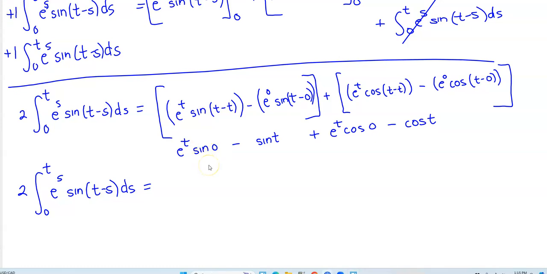So we know that the sine of 0 is 0, and 0 times e to the t is 0, minus we have the sine of t, plus the cosine of 0 is 1, so 1 times e to the t is e to the t, and that's minus the cosine of t.